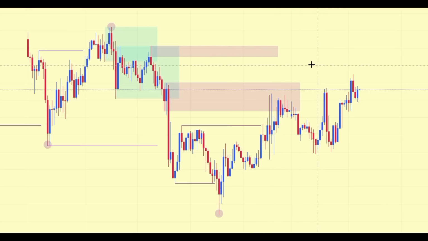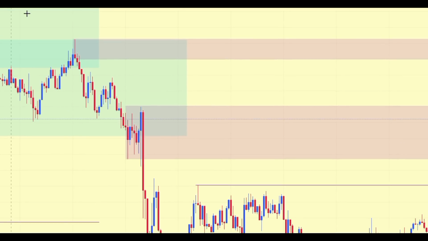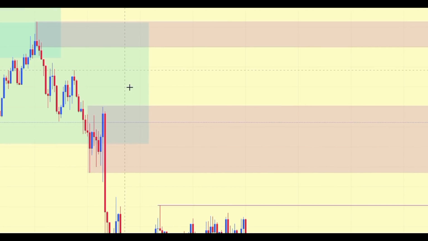Why a hidden POI? Why am I using this wick as the POI or as the extreme order block? I'll be using this as the extreme order block because when I shift to a lower time frame, and since this here is a 1 hour time frame, I'll be shifting to the 15-minute, so that we can see that there is a hidden POI right here from this long unmitigated wick. Right, so on the 15-minute, you can clearly see right here that this one here is a valid order block.